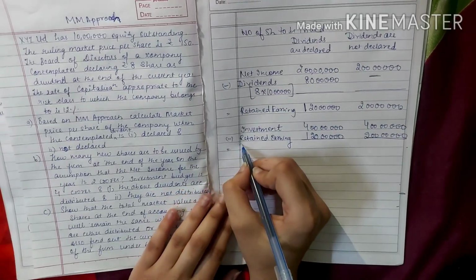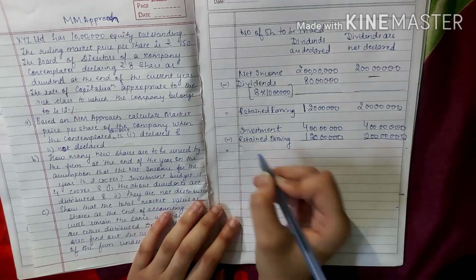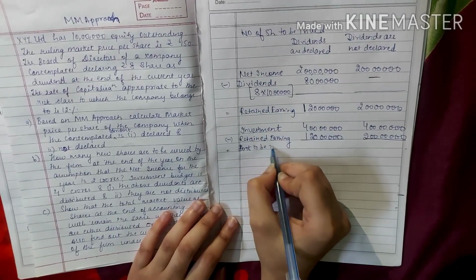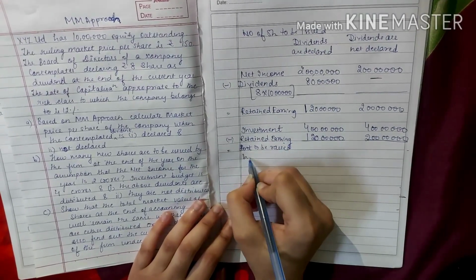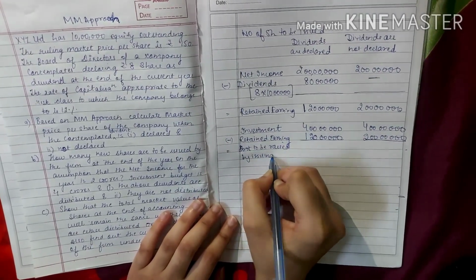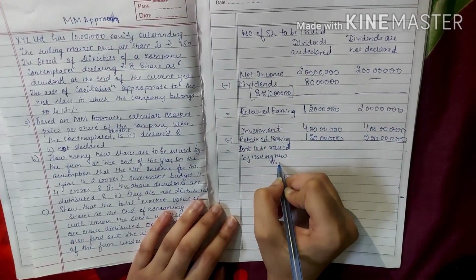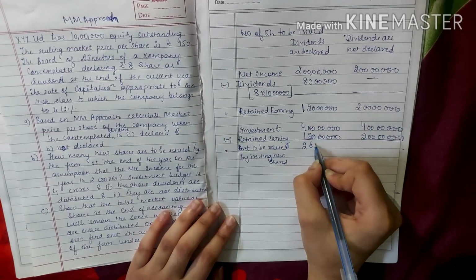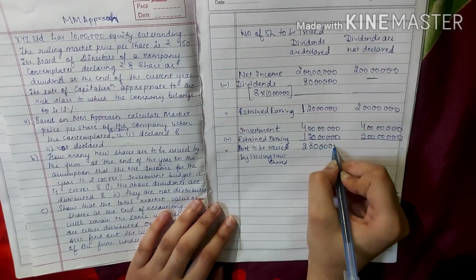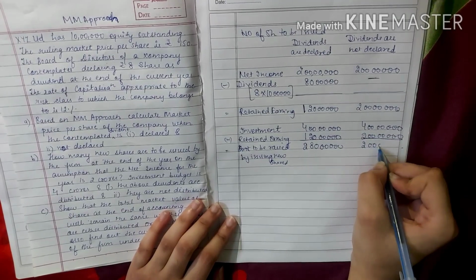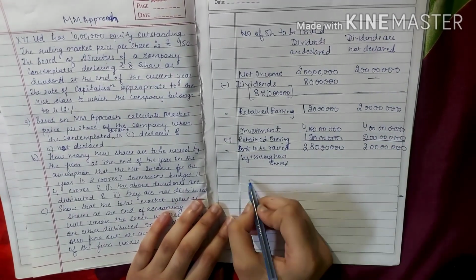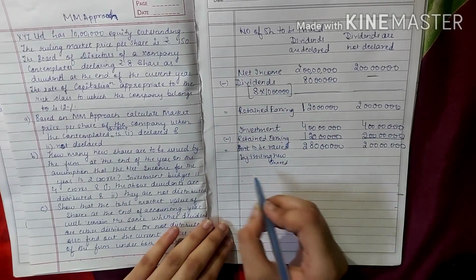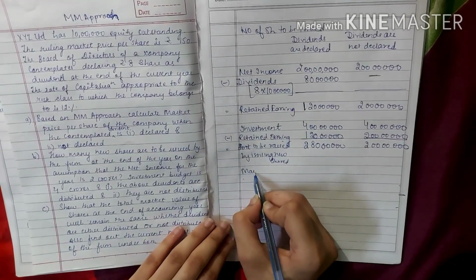So you will be left with the amount to be raised by issuing new shares. Here it would be 2 crore 80 lakh and here 2 crore. Now to find the number of shares, you have to divide this amount by the market value of shares.